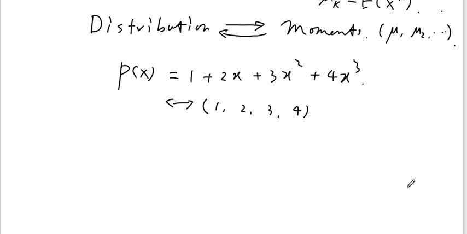So from these mu1, mu2, mu3, we want to define a function from these coefficients. So in general, for any function, the polynomial function is the simplest function.